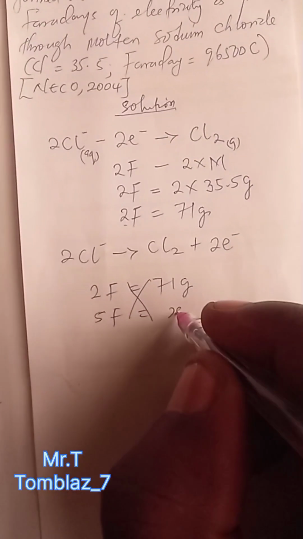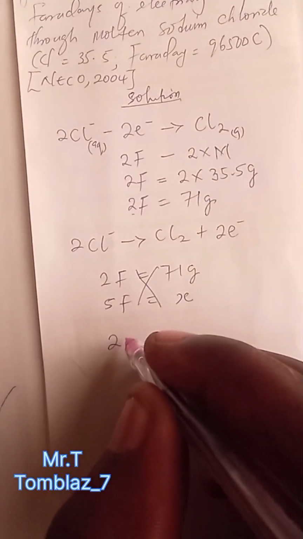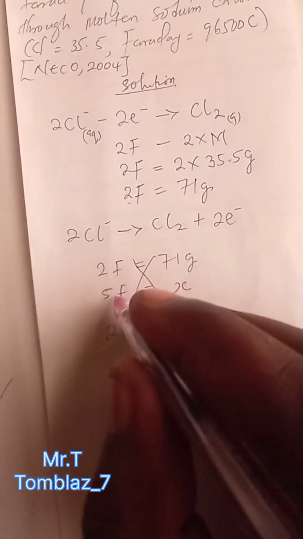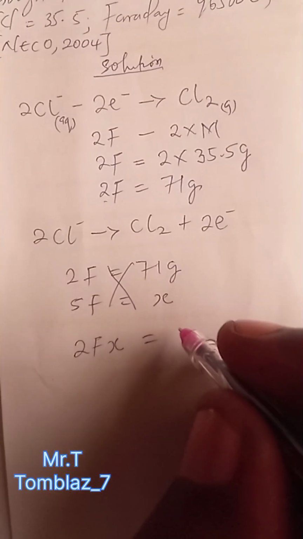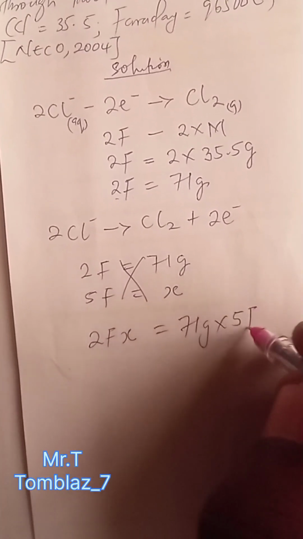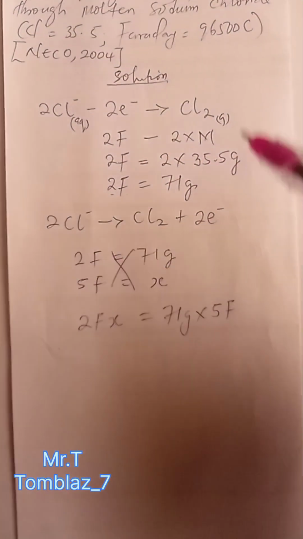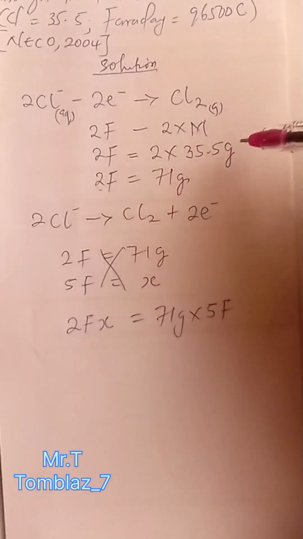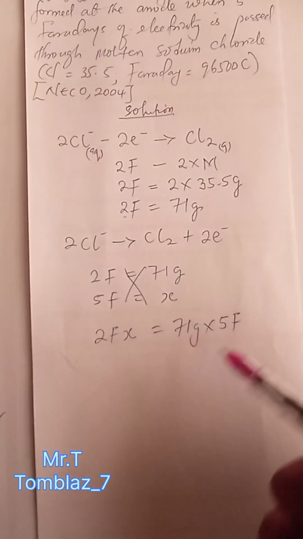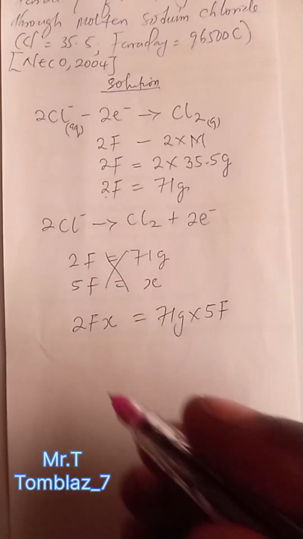So when you cross multiply, x times 2F gives 2Fx, and 71 grams times 5F gives 71 grams times 5F. There are situations where you would like to substitute the value of the Faradays, and it's left for you to decide, but using this equation you can also eliminate the Faradays since both of them are of equal magnitude.